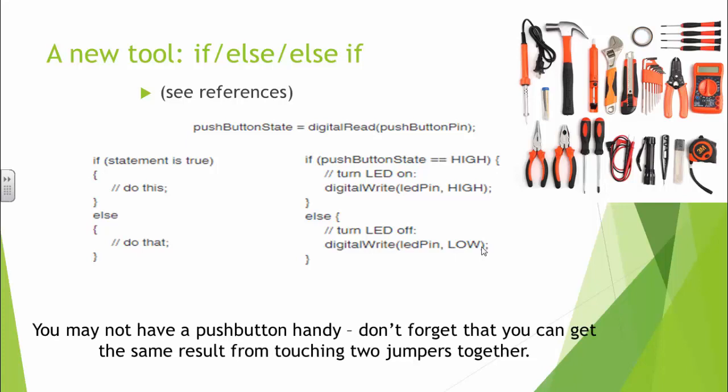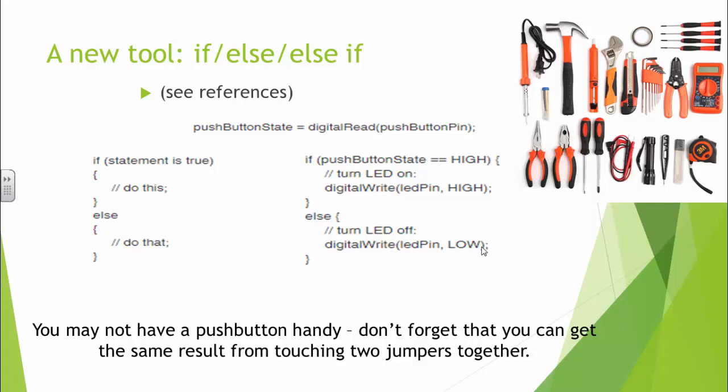Now, one thing about this, some of us have lots of hardware lying around, some don't. If you don't have a push button lying around, it's no big deal. A button, when you push it down, is a wire. So you can just take two wires. Whenever you want to, quote unquote, press the button, just touch those two wires together, and you've got the same thing as a button.